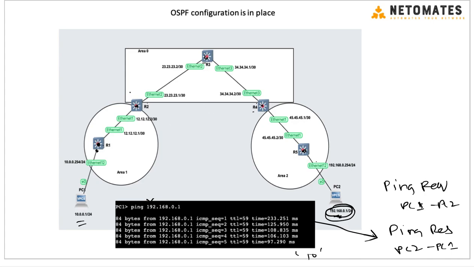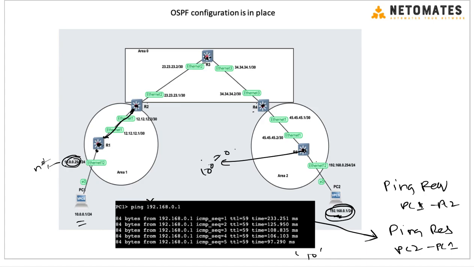But as we configure OSPF, what will happen is R1 will advertise this network because we have given the network statement for it, right? And R1 has OSPF neighborship with R2. Now R1 will advertise that, okay, I have this network. Then R2 will advertise this to R3. R3 will advertise that information to R4. R4 will advertise that information to R5. So that's how R5 learned about the 10 network.